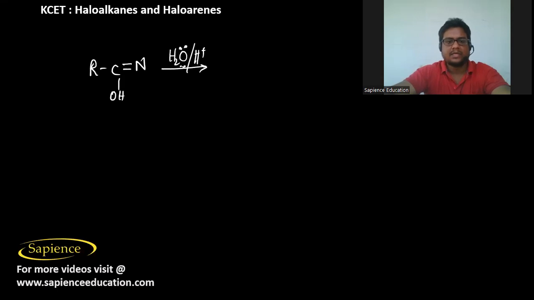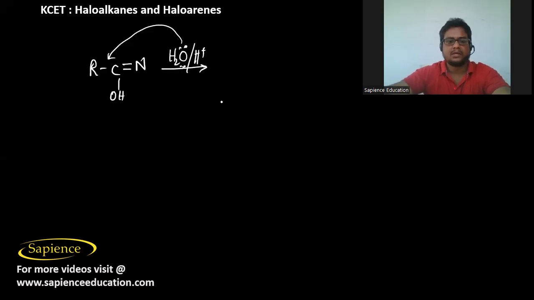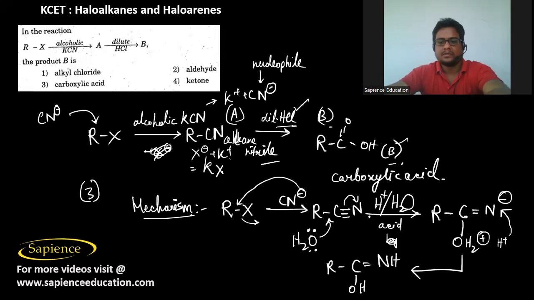Again the lone pair on the oxygen atom will attack here, and the H plus will come and link with N minus, so it will form NH.